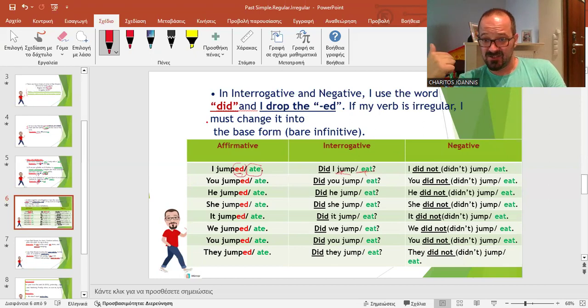So I ate yesterday, but did you eat? The same goes with negative. You did not or didn't, base form, eat. He did not or didn't jump. No ed, no irregular form when we use did, which means in interrogative and negative.